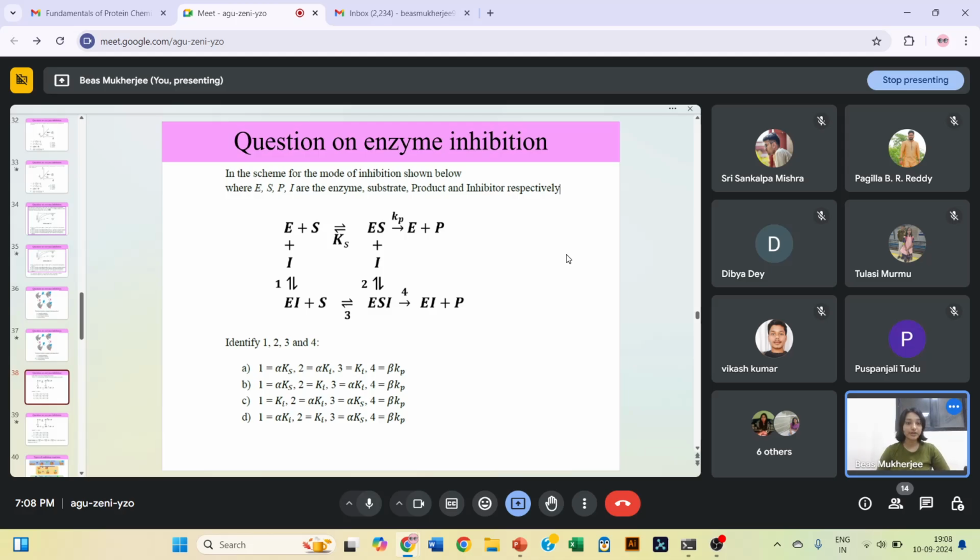Try to see. For the fourth option, you have beta into Kp for all. For the first, second and third, what do you think are going to be the representations for 1, 2 and 3?